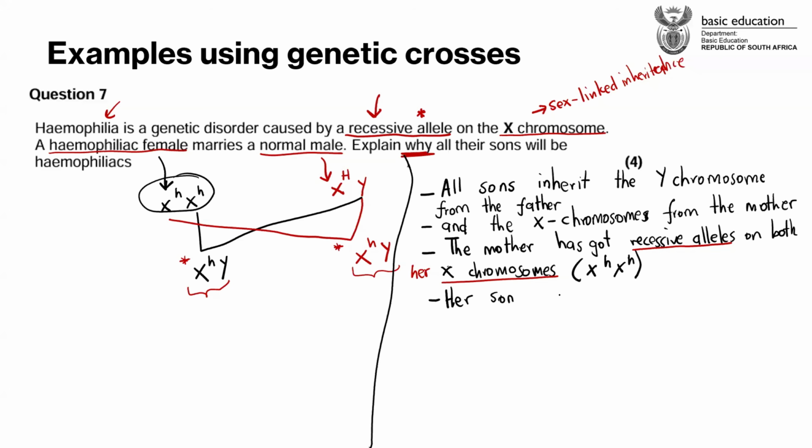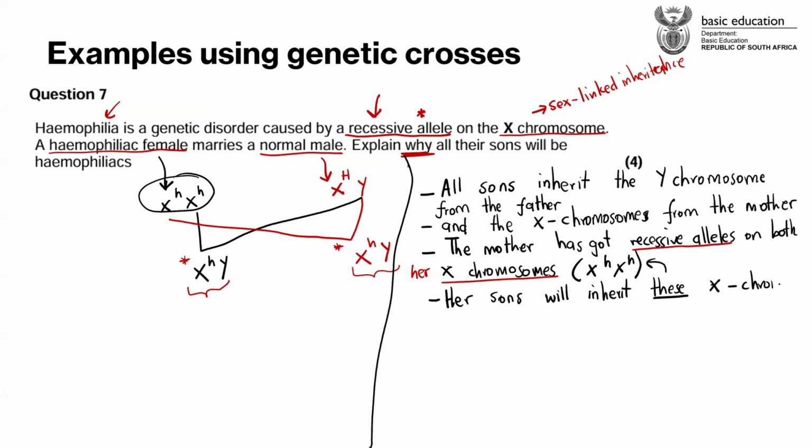Her sons will inherit these X chromosomes. When I say these, I'm referring to the previous one that I've explained, to say that the mother has got recessive alleles on both X chromosomes. Her sons will now inherit these X chromosomes.